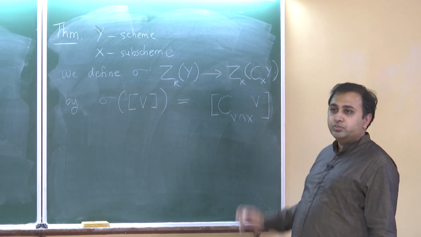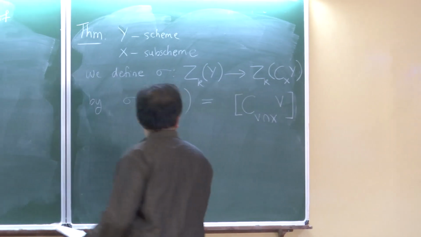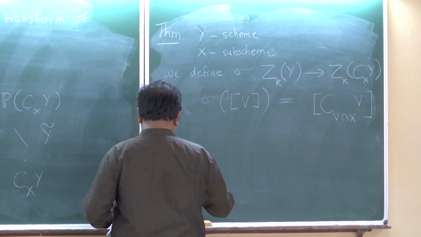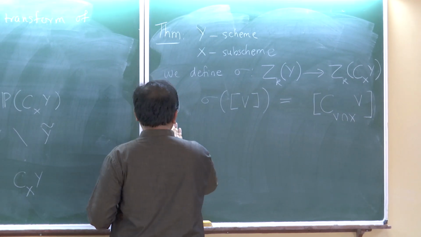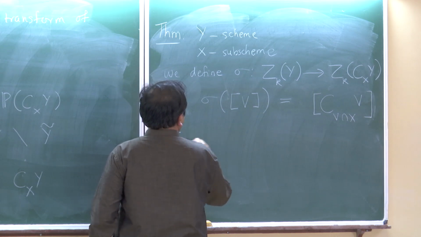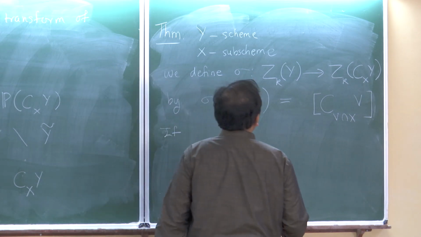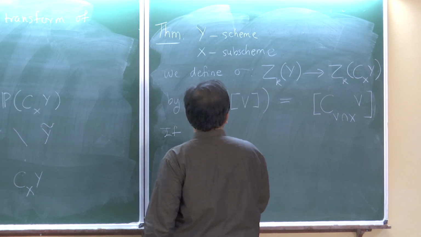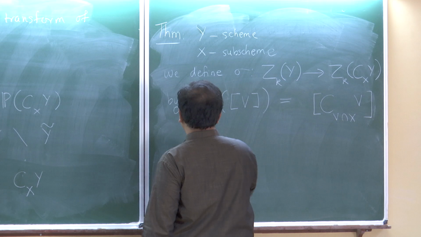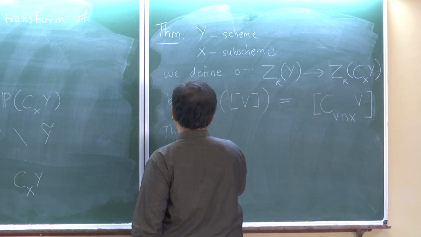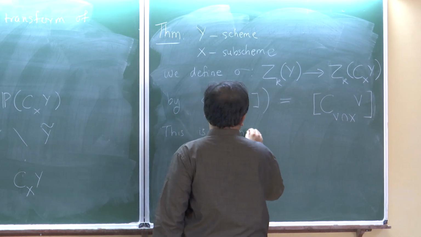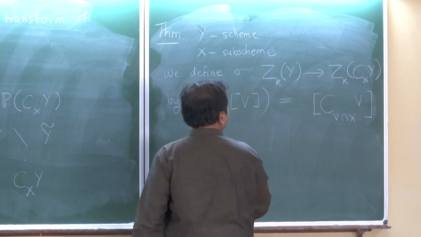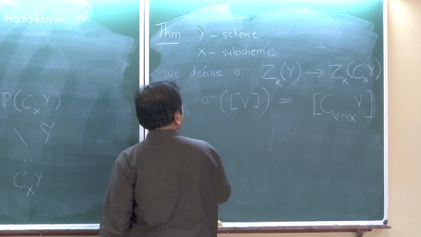So you just take the cone. This is a homomorphism, and this is how you define it for the generators.